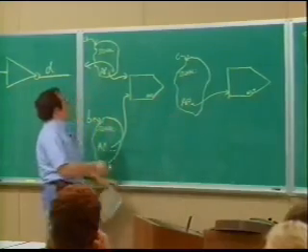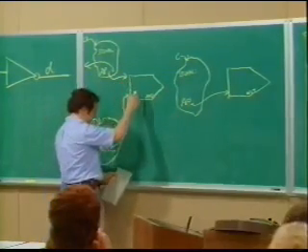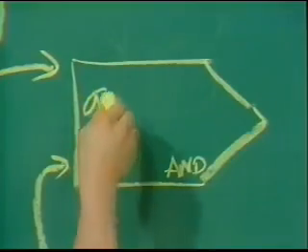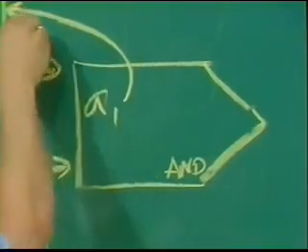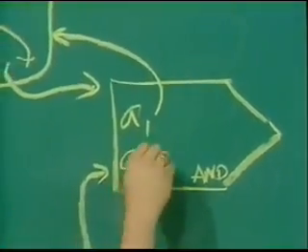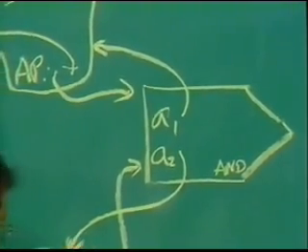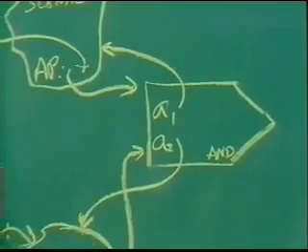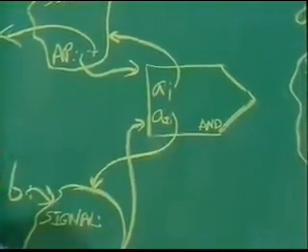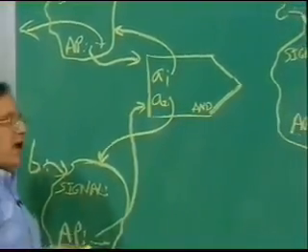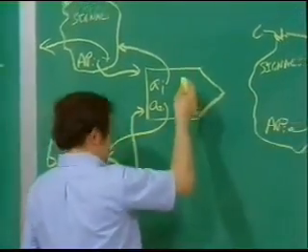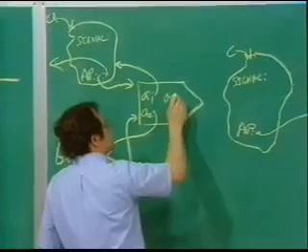Okay? So there has to be, for example, information here saying my A1 is this guy, and my A2 is this guy. And not only that, when I do my AND, I'm going to have to tell this guy something. So I need an output.